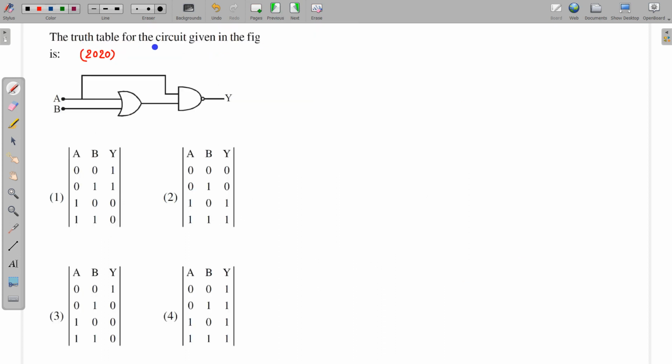Next question: the truth table for the circuit given in the figure is. So this is an OR gate, and this will give A plus B. This A is coming here and going into this, and this is a NAND gate. It will first take the AND of A and A plus B, and then we have to put a bar over it. So we can use De Morgan's, and this is A bar plus (A plus B) whole bar, and again we can use De Morgan's, and this is A bar plus A bar B bar.